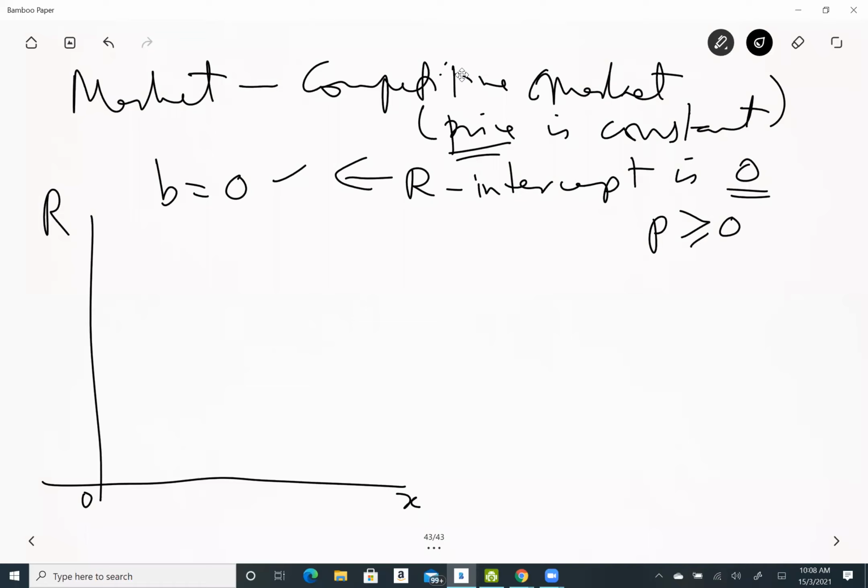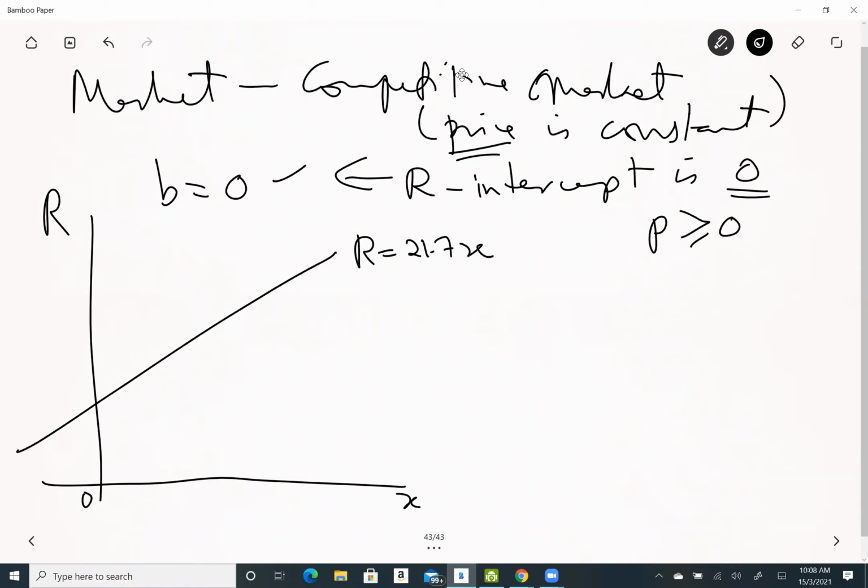So we don't look at anything less than 0 for the price, okay? So say the price equal to 21.7 just now. So the revenue will be 21.7x. Is that right? Is that the right function for revenue?